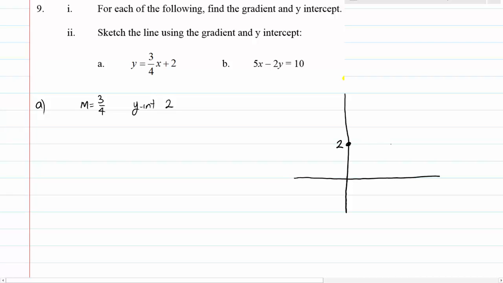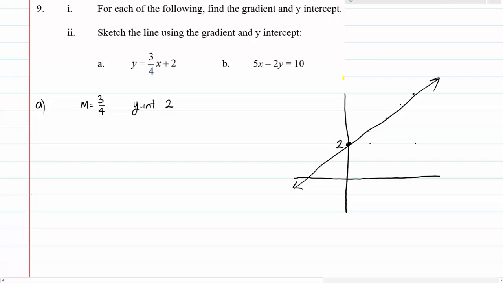So for every 4 I go along, I go up by 3. And notice here that this gradient is not quite 1, it's 1 across to 3/4 up, 1 across to 3/4 up, and so on and so forth. And obviously you would be a little bit neater than me.